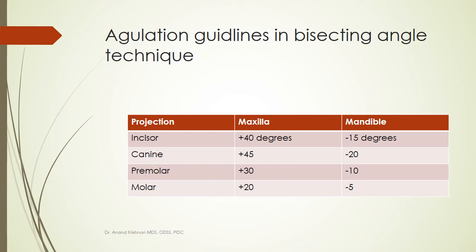This is not a fixed number. Remember that it can vary plus or minus 5. But when you start taking a radiograph, when you start reading a radiograph, you start with these measurements, and in most adult individuals, this parameter will yield you a good result. But there will be certain modifications.